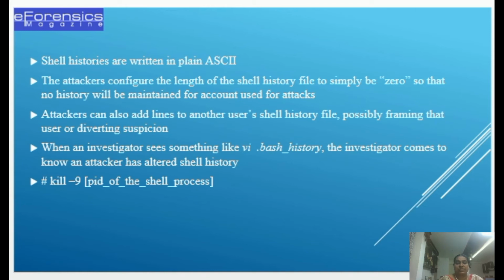A more comprehensive way of dealing with the issue is to kill the shell instead of exiting it. By killing the running shell process, the attacker deprives it of the ability to write its history. Thus, instead of logging out, the attacker can kill the shell by simply running a command like kill -9 PID of the shell process.